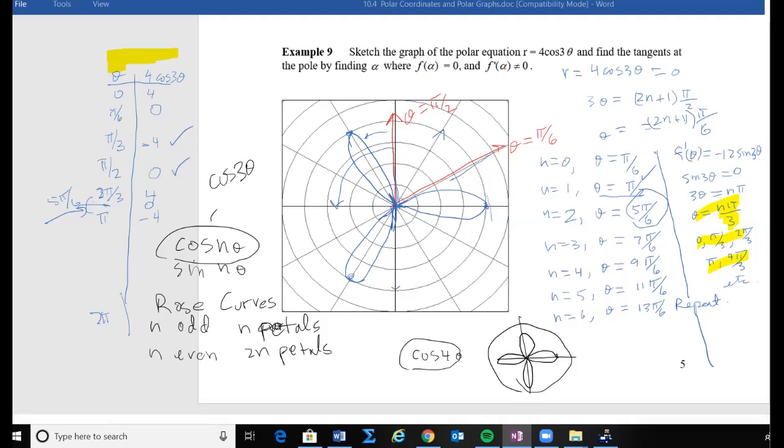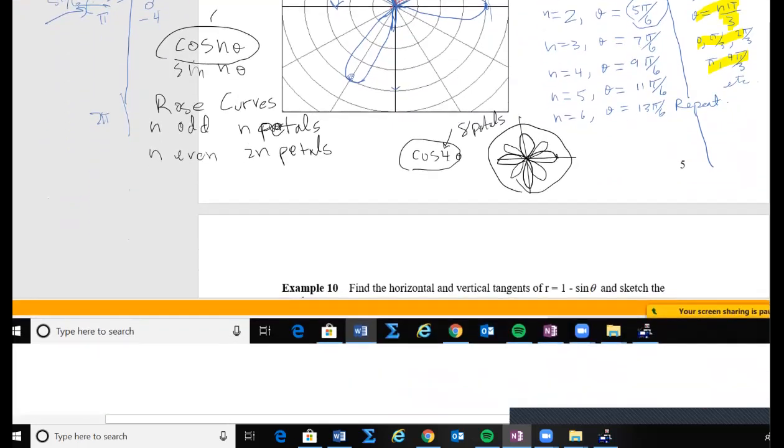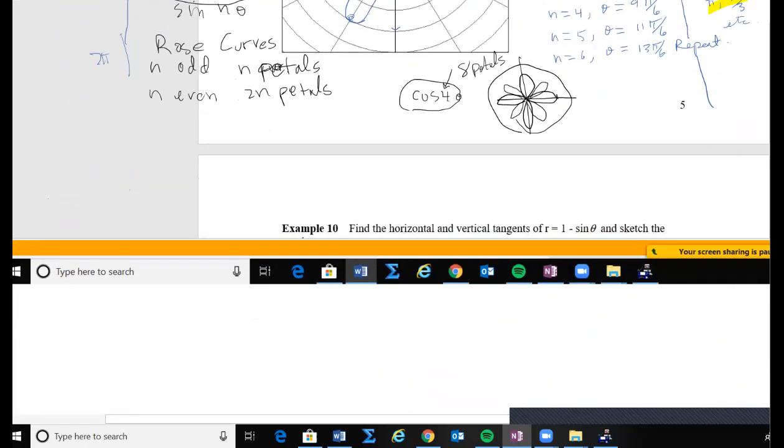Okay, here's the problem. I said cosine, so I gotta take that back now because I violated my own condition. 4, that means it's gonna be 8 petals. I only got 4 of them in here. So there's actually another set of them in here like that. And the way it traces itself out, it's gonna be more like this.